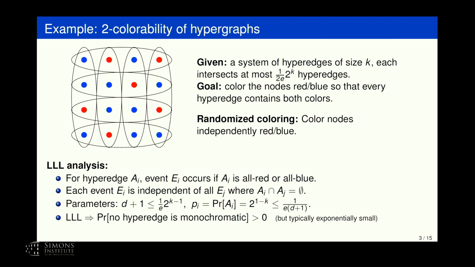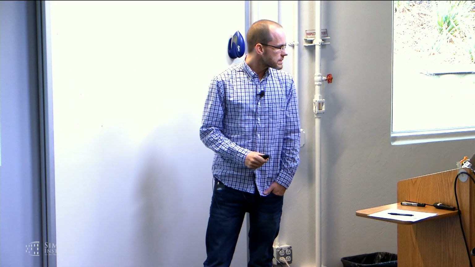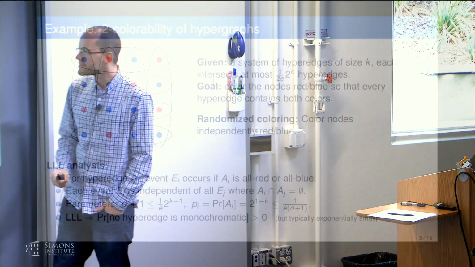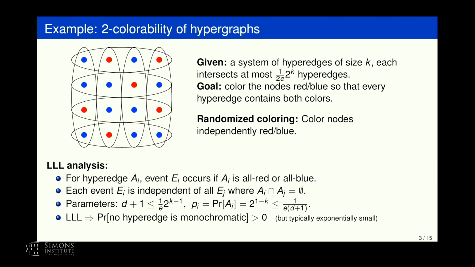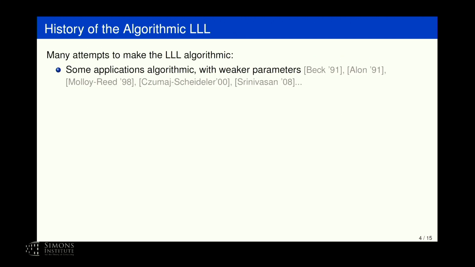Now we've chosen the parameters carefully so that if you look at the probability of an event occurring, so the probability that an edge is badly colored is 2 to the 1 minus k, right? 2 to the minus k is the probability of each coloring, and there's two bad colorings, all red and all blue. So that's the probability of the bad events, and the parameters are chosen so that the inequality we need is satisfied. And so the hypotheses of the LLL are satisfied, and that tells us that there's positive probability that no hyperedge is monochromatic. But this probability will typically be exponentially small, and so that's what we will need to deal with.